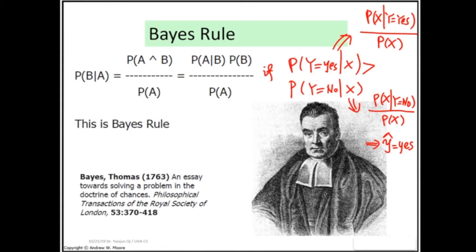There's nothing fancy at all. If you ever heard about generative classifier versus discriminative classifier, the only difference is what type of conditional you're modeling. Do you directly model y given x, or do you model x given y?